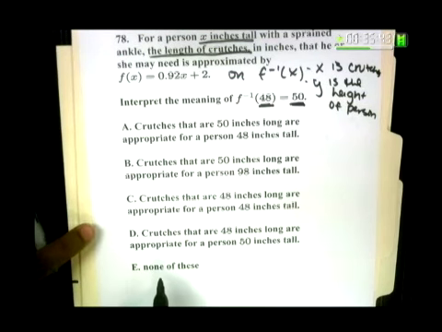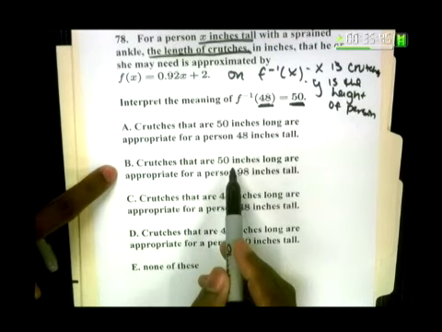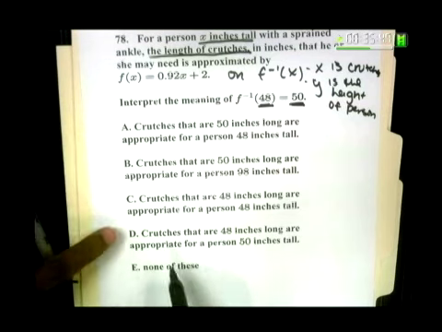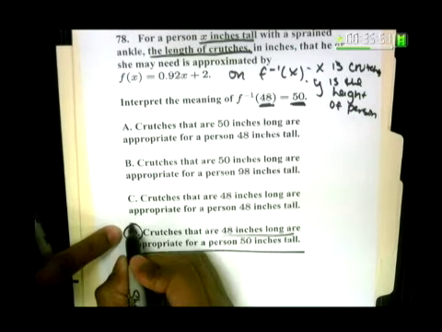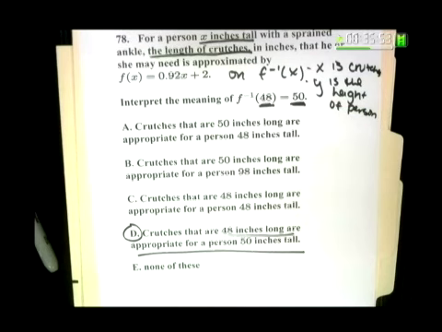So that would correspond to, is it D? Crutches that are 48 inches long are appropriate for a person that is 50 inches tall. D, right? So again, the relationship there is really about x, y versus y, x.